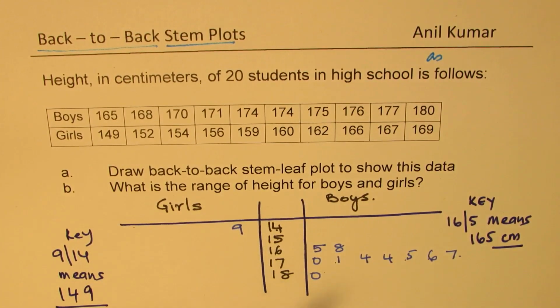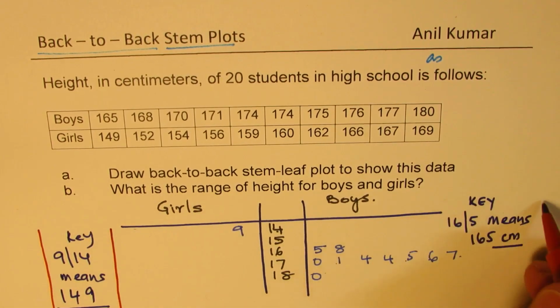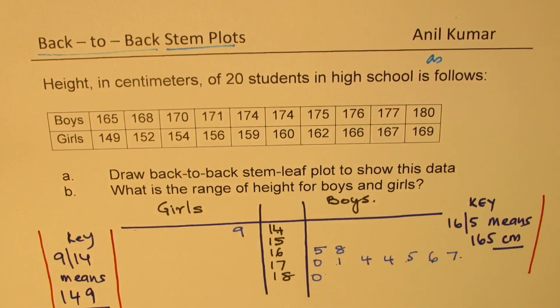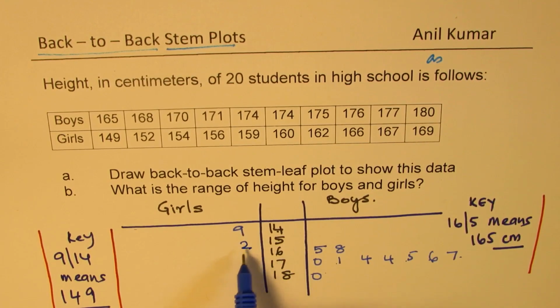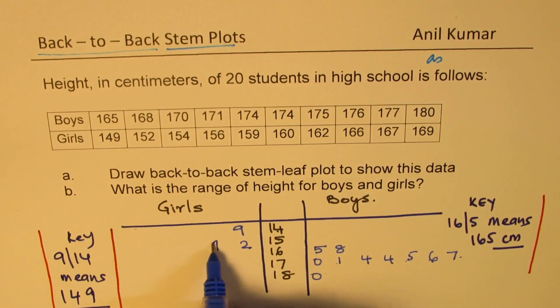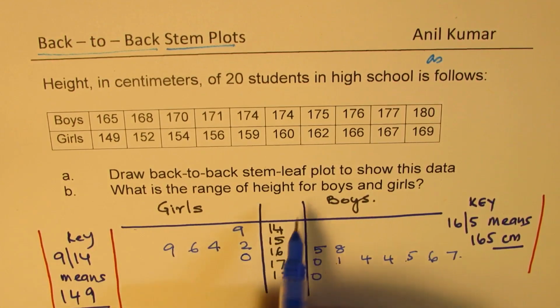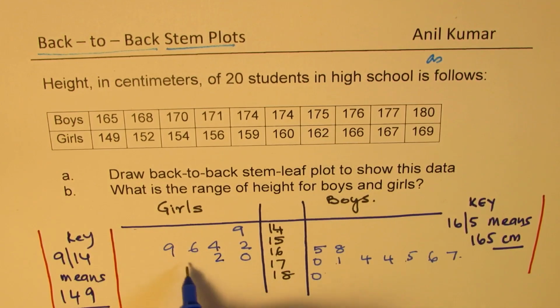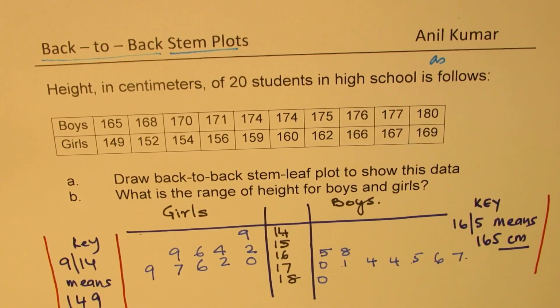Now it's kind of important to clearly write what key is, right? Otherwise, these numbers do not make much sense, right? Okay. 152, 154, 156, then we have 9, 160, 162, 166, 167, and 169.